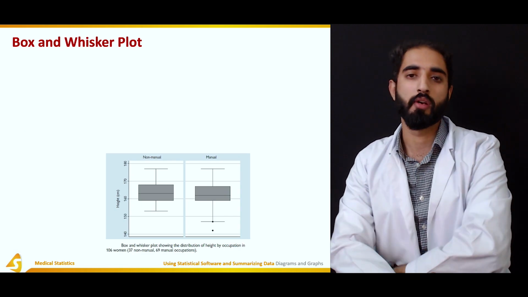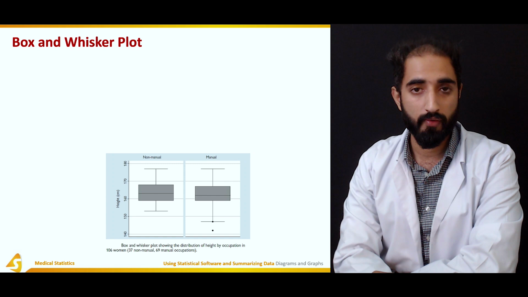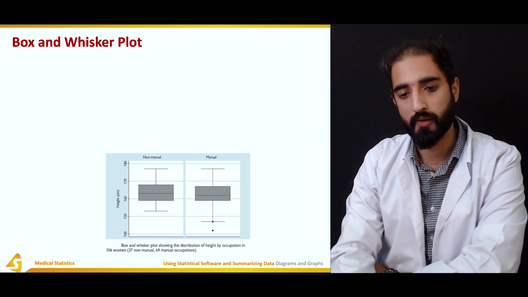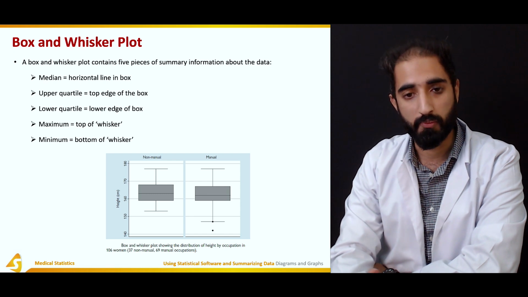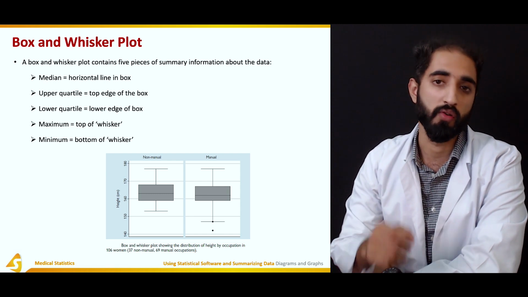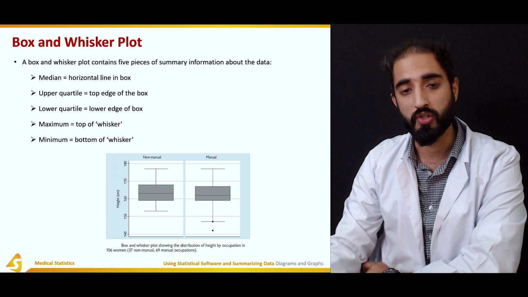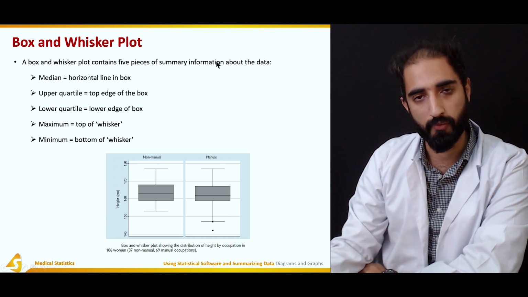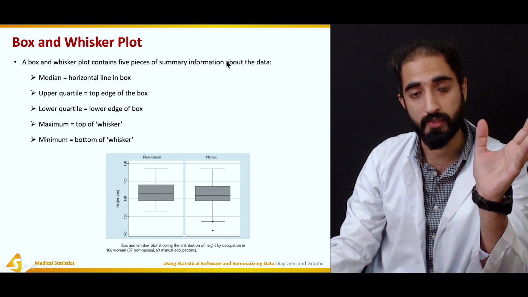Now, the box and whisker plot. I personally love this plot because it gives us a lot of information, especially when we are comparing two groups and when we want to give a lot of information in just one figure. A box and whisker plot contains 5 pieces of summary information about the data, not just 1, 5 pieces.